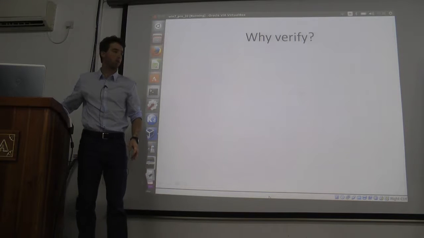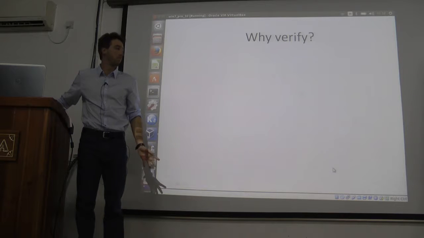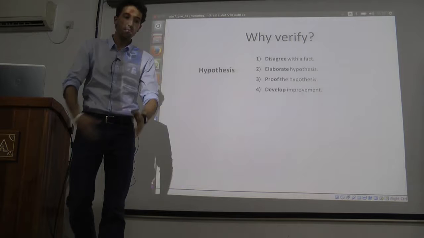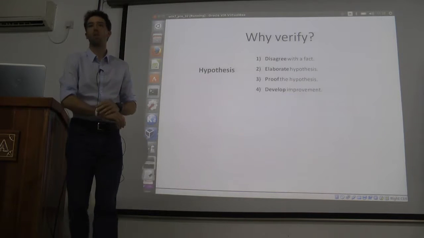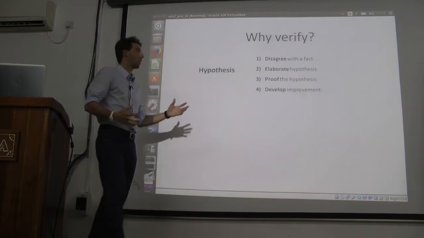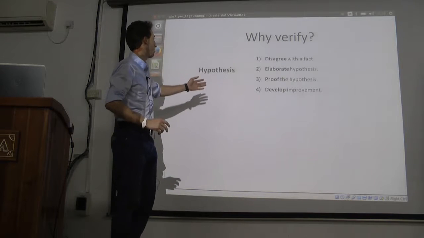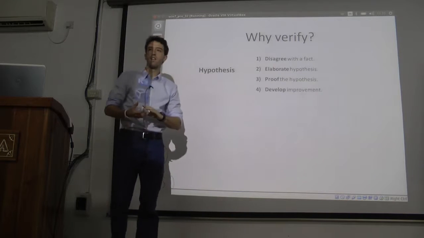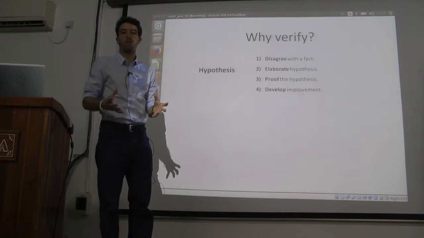So first of all, the question is, why do we need to verify? When we verify a model, we do it because we disagree with a fact. For example, you create a hypothesis, and then you disagree with something in the model.